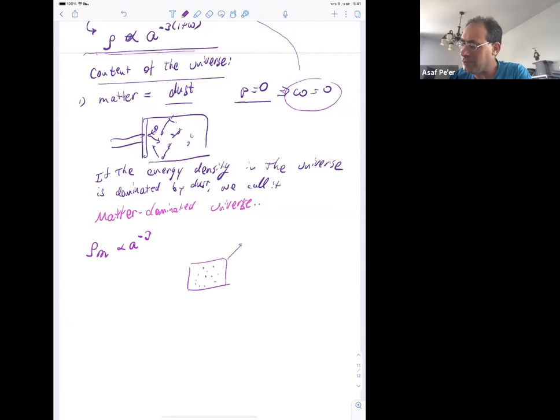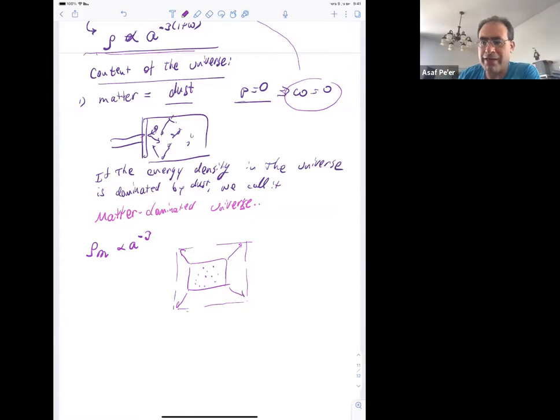Now the volume element increases with the scale factor. The number of particles has not changed, so obviously the density of the particles has gone down. It's a pretty straightforward conclusion: if the universe expands, then the density goes down. That's all.